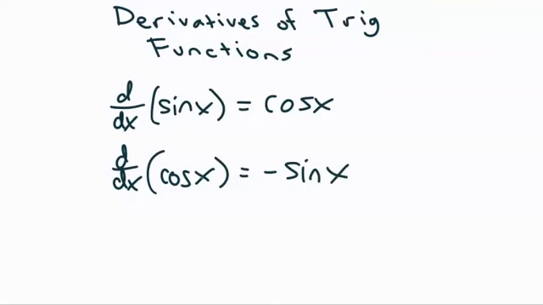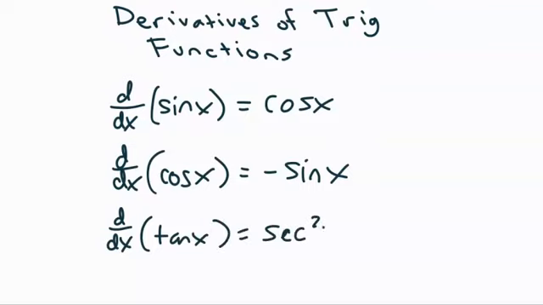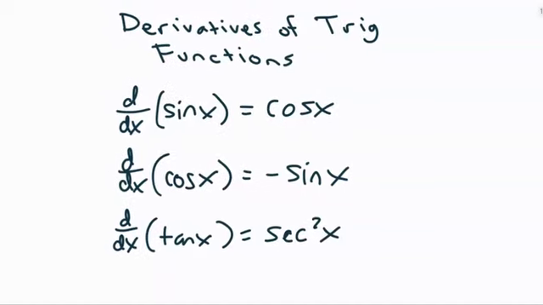We'll do some exploration sometimes in class, but it's kind of interesting to see that one is the slope of the other one. A couple other commonly used ones are the derivative of tangent, which is secant squared x.